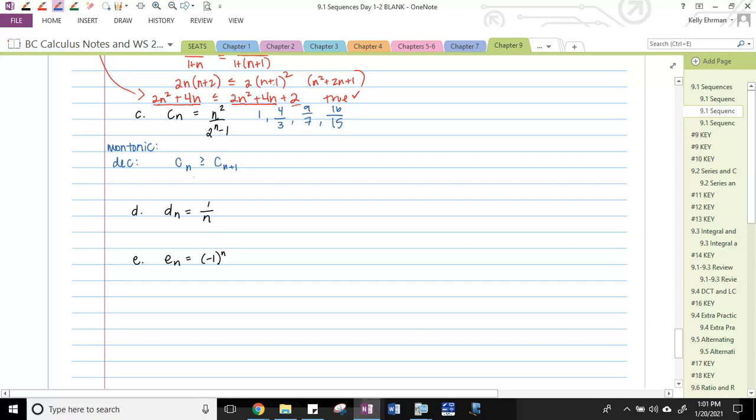So this would be n squared over 2 to the n minus 1 is greater than or equal to n plus 1 squared over 2 to the n plus 1 minus 1. Cross multiply. Now 2 to the n plus 1 is 2 times 2 to the n. So 2 to the n plus 1 minus 1 in parentheses times n squared is greater than or equal to 2 to the n minus 1 times n plus 1 squared.